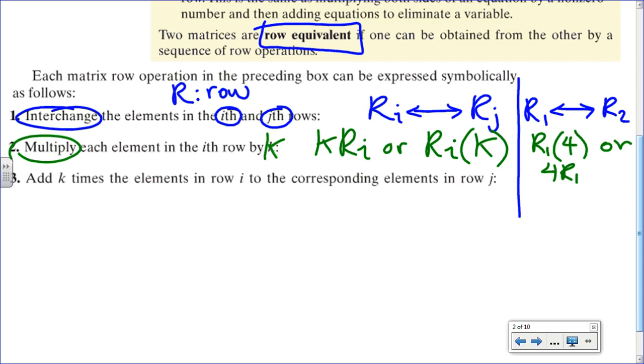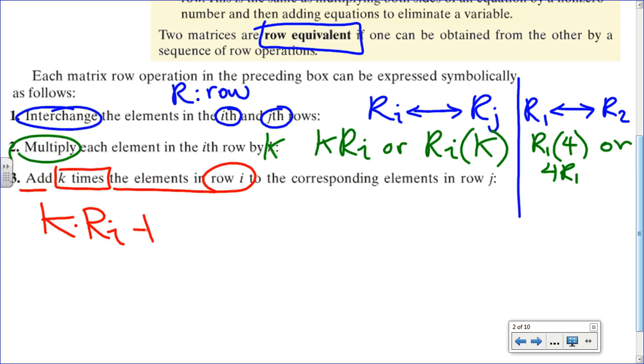Okay, and the third one, you say k times... So we have add k times the elements in row I. So we'll say k times the row. And then we're going to add the corresponding elements. And when we say corresponding, that means that they have to be from the same column.